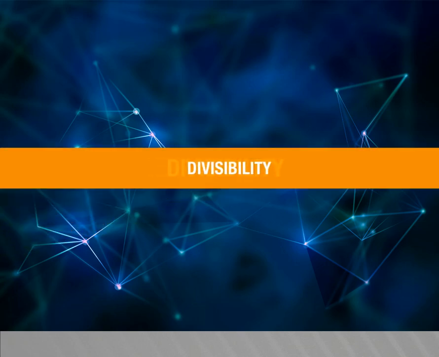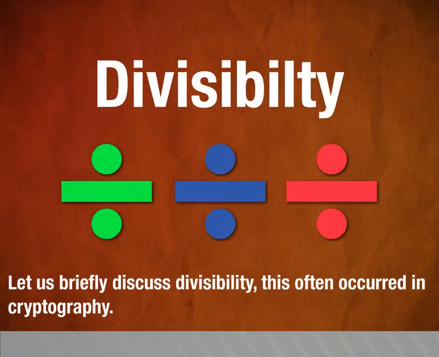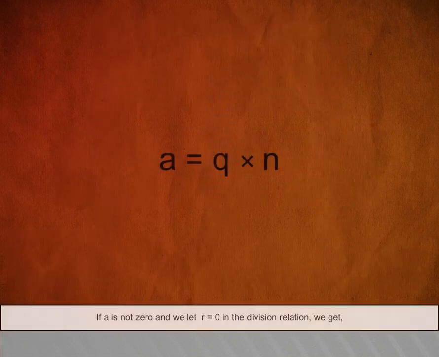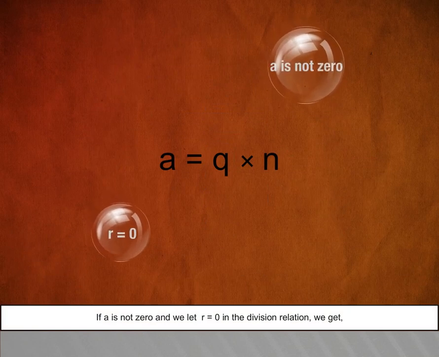Divisibility. In this video, we are going to see about divisibility. Let us briefly discuss divisibility. This often occurs in cryptography. If A is not 0 and we let R equal 0 in the division relation, we get A is equal to Q into n.